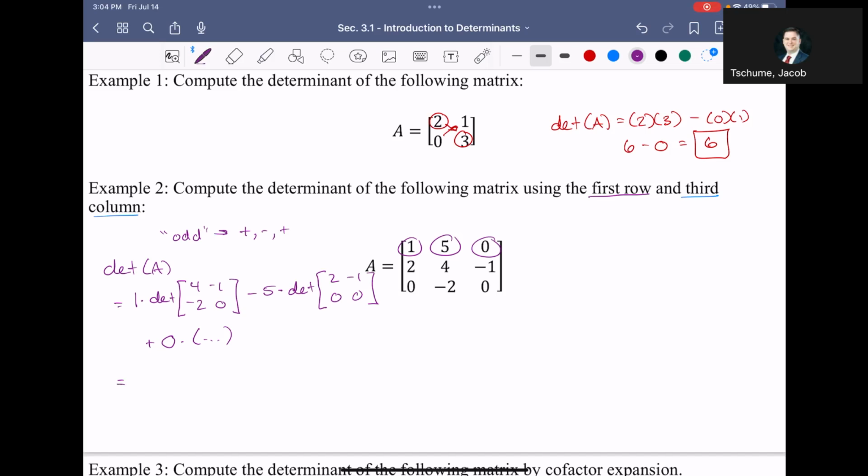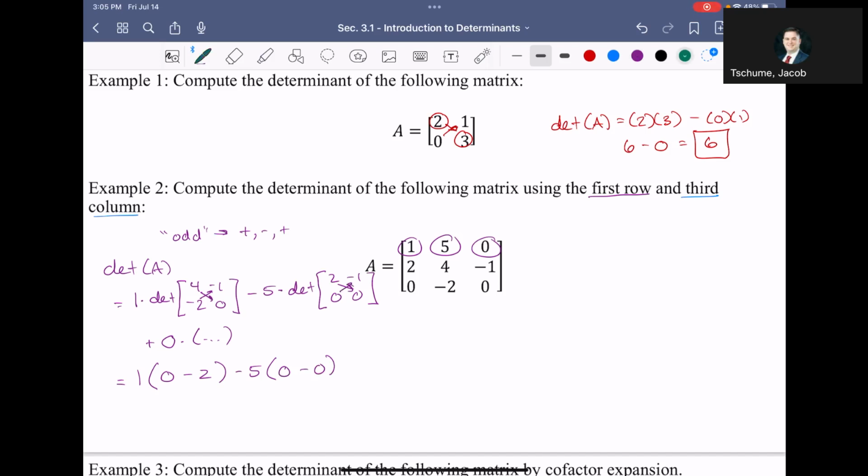So what are you left with? You're left with 1 times, and as we just did above, you can now find the determinant of each of these 2 by 2s. So that would be 4 times 0, which is 0, minus -2 times -1, which is 2, minus 5 times this determinant. 2 times 0 is 0, minus 0 times -1 is 0.